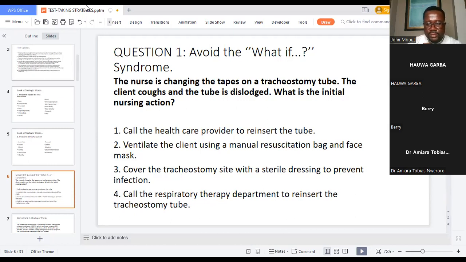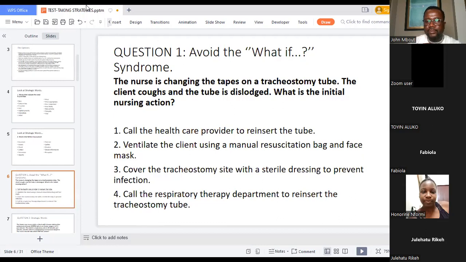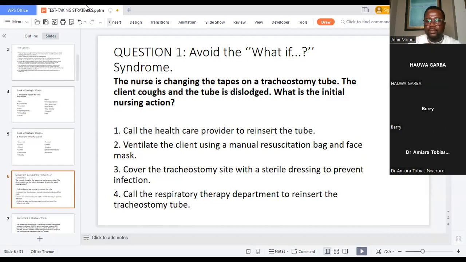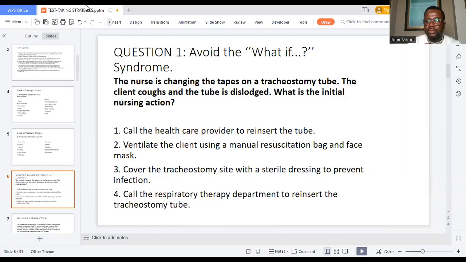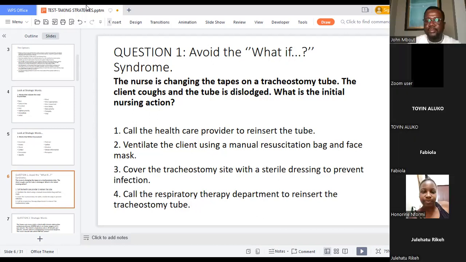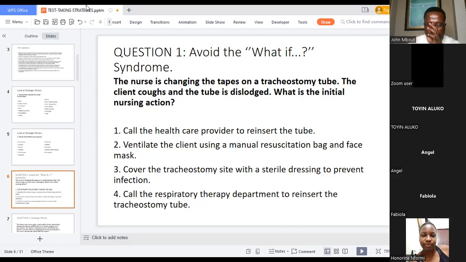Sharing suppose. Are you still seeing my screen? Let me know if you're seeing my screen. Yes, we can see your screen. Okay.